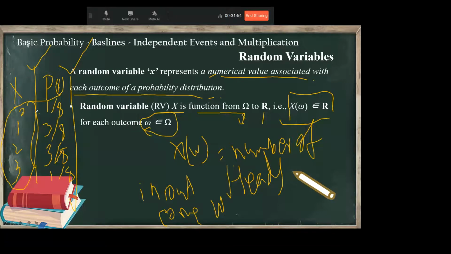And you know, the sum of the probability distribution is always 1. If we do the sum, it should give us 1. And if we arrange our random variable values with respect to their corresponding probabilities, that is called a probability distribution.